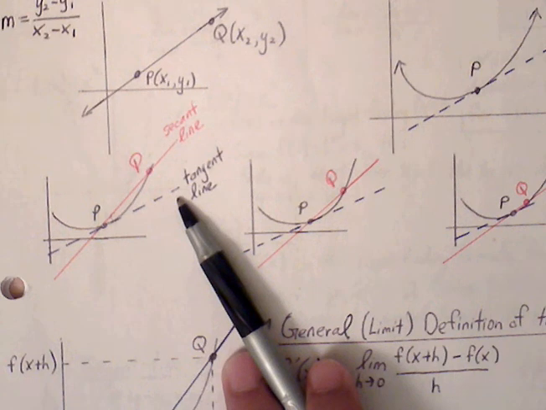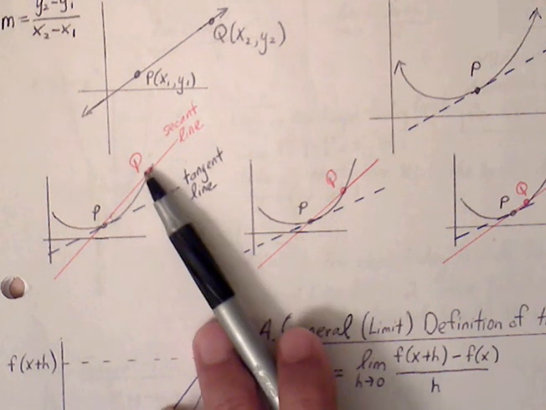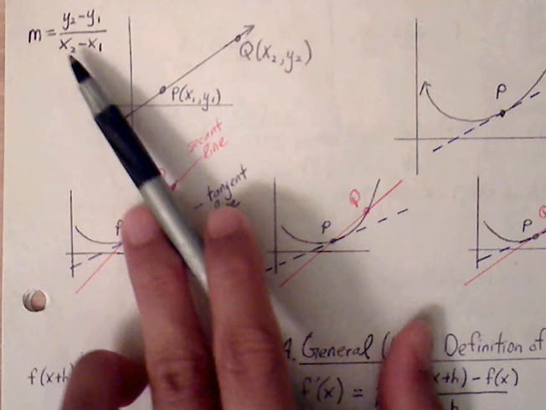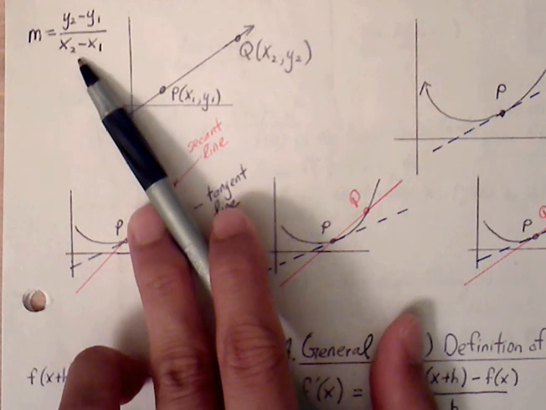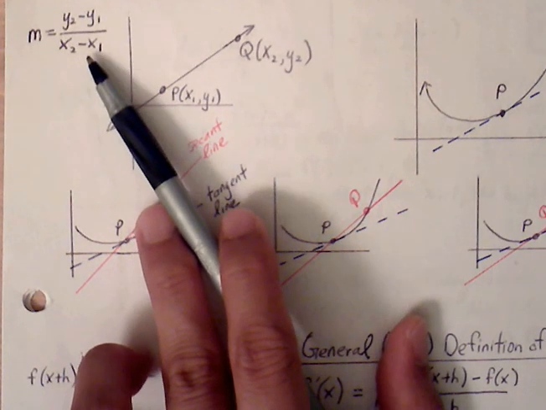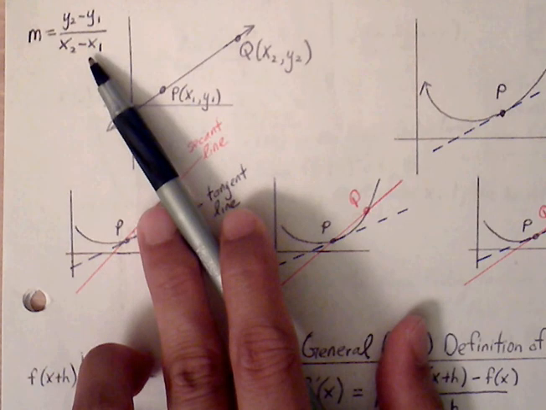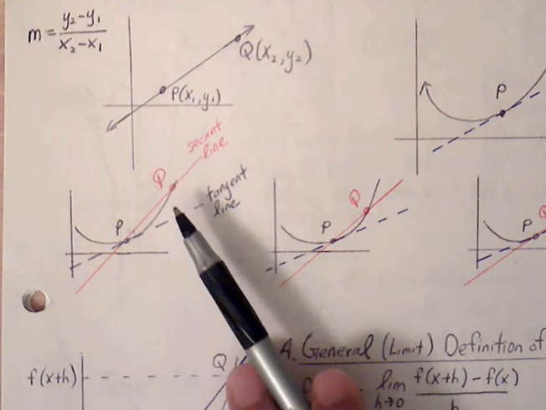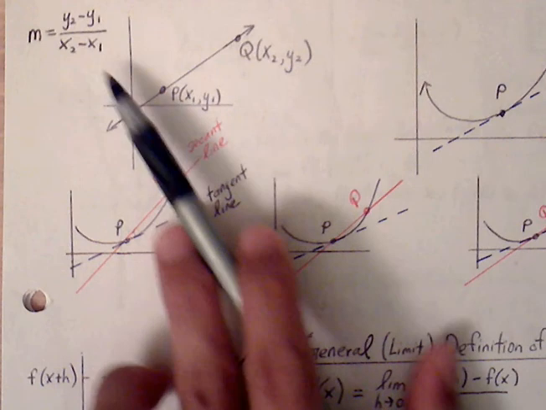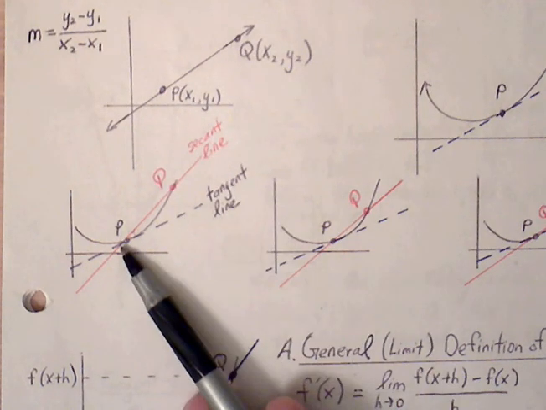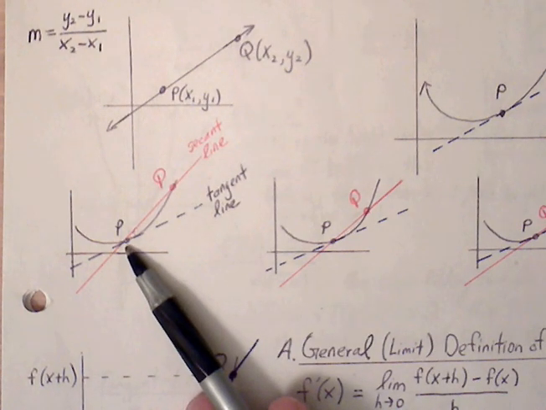Okay, but the question is, if we start off with the slope of the secant line, how can we adapt this formula so that we can create a formula that will only require 1 point for the slope of the tangent line?